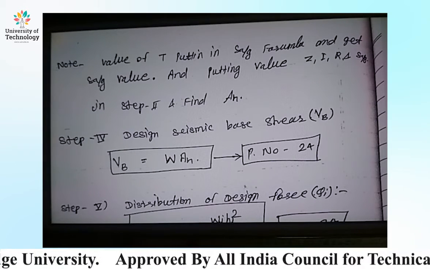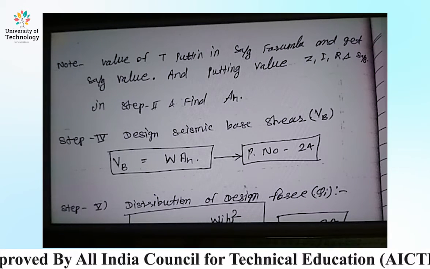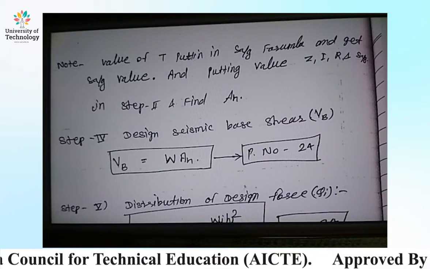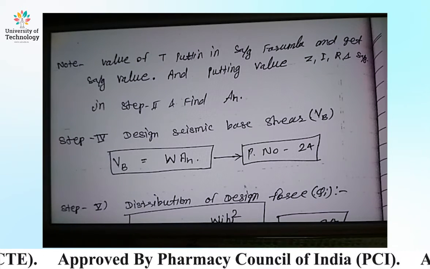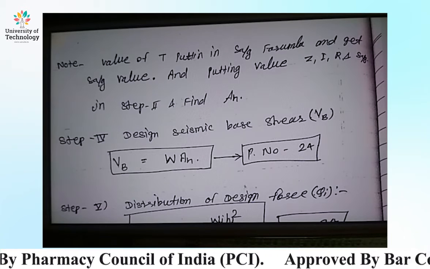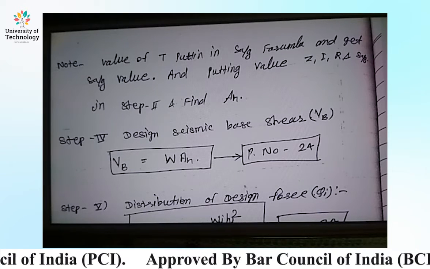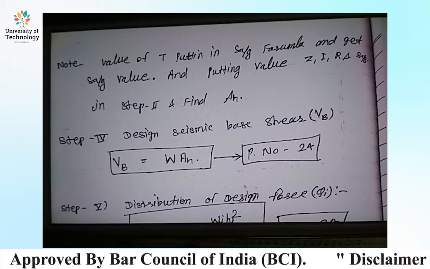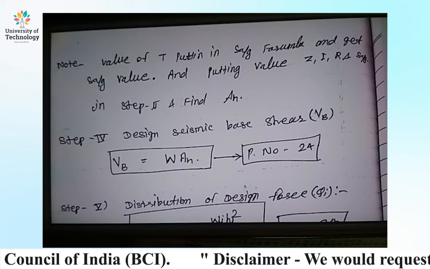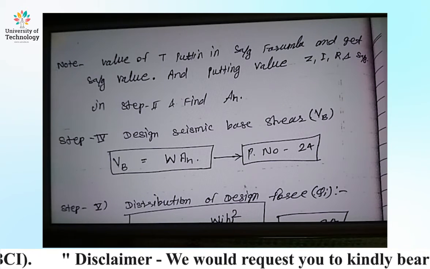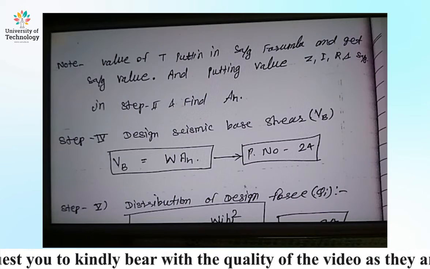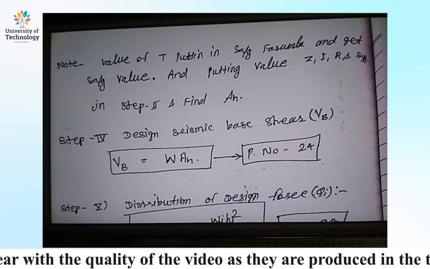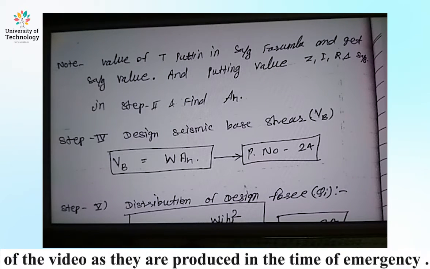Here an important note is also given: the value of capital T, the natural period of vibration, is put in the Sa upon g formula to get the Sa upon g value. Then, putting the values of Z, I, R and Sa upon g in step 2, find AH.